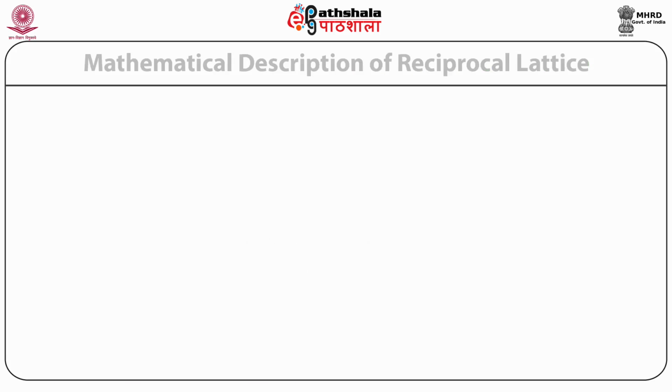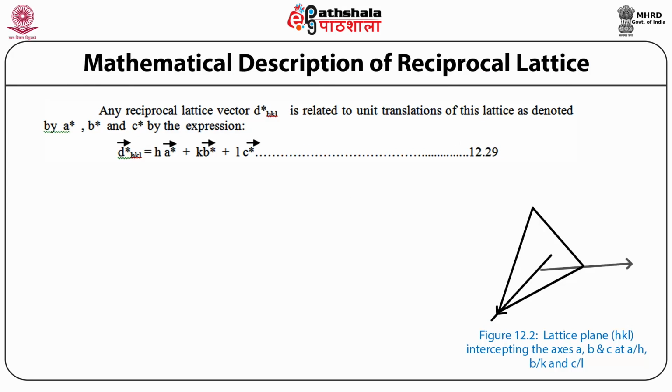Any reciprocal lattice vector d*(hkl) is related to unit translations of this lattice as denoted by a*, b* and c* by the expression d*(hkl) vector is equal to h a* vector plus k b* vector plus l c* vector, which is put as equation 12.29.